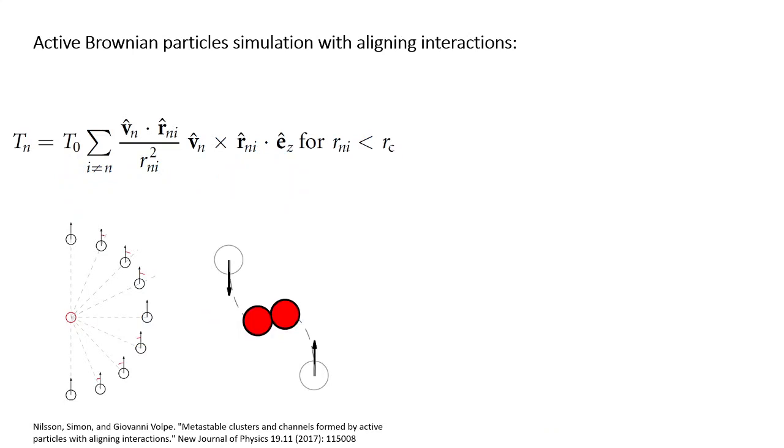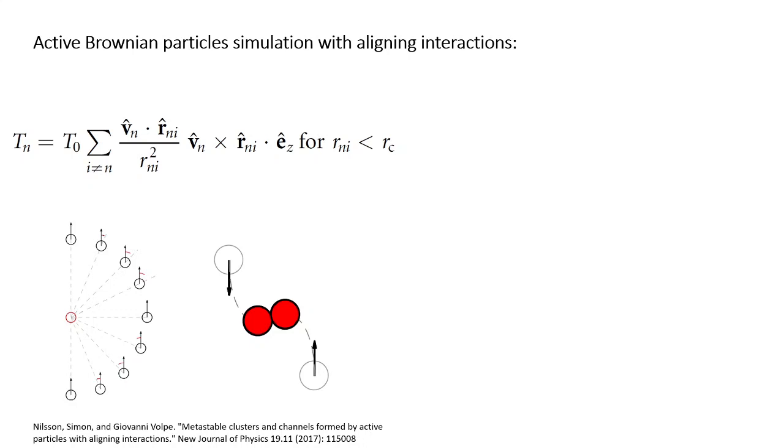And as a last exercise, we are going to simulate active particles that have aligning interactions. In this case, the particles will tend to change their directions if there's a nearby particle in order to align themselves with that particle, which is given analytically by this formula. And this will only take place if the distance between the particles is smaller than a certain threshold distance.